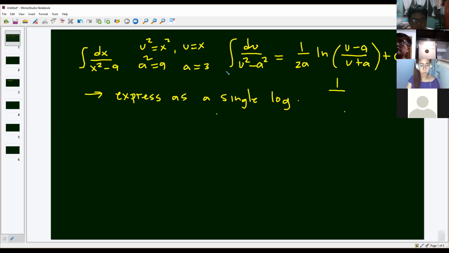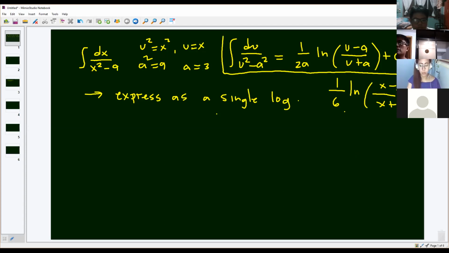You know that a is 3, so 1/6 ln of the fraction u minus a, so that is x minus 3 over x plus 3, u plus a, then plus c outside the logarithm. See guys, this is an integrable form.